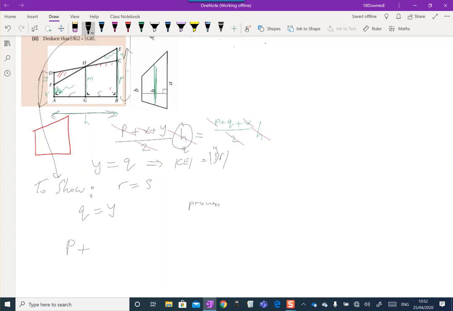So basically, P plus Q plus X over 2 is equal to the midline for DABE.